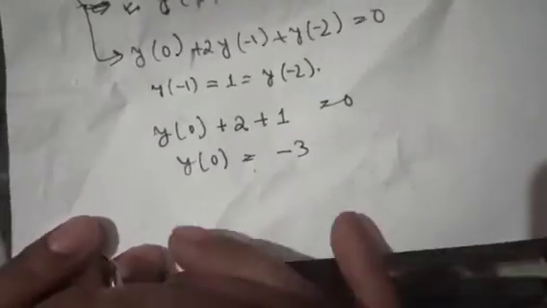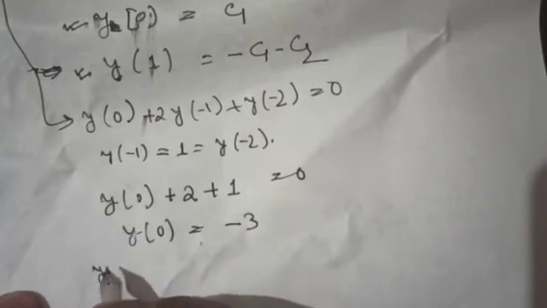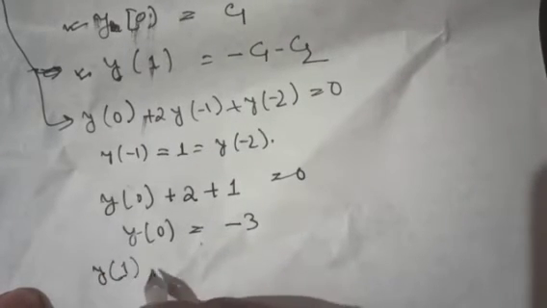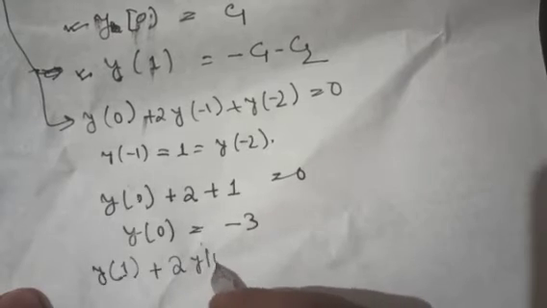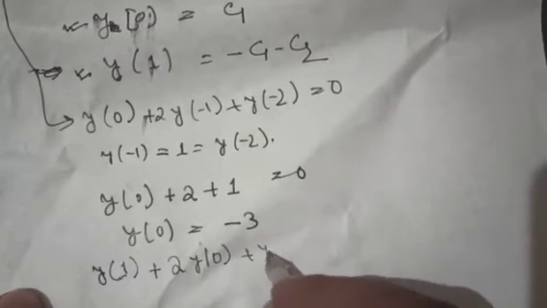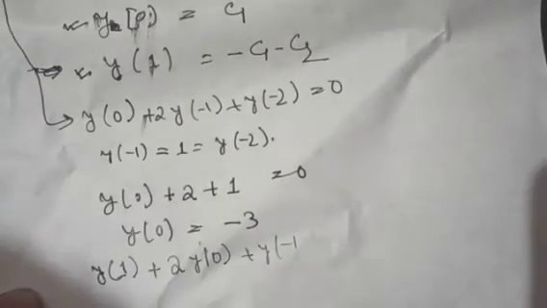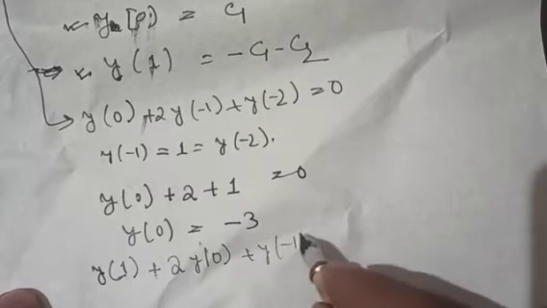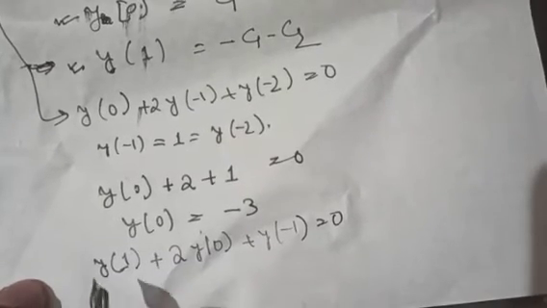Similarly, if we put n is equal to 1, what we will get? y of 1 plus twice y of 0 plus y of minus 1 is equal to 0.